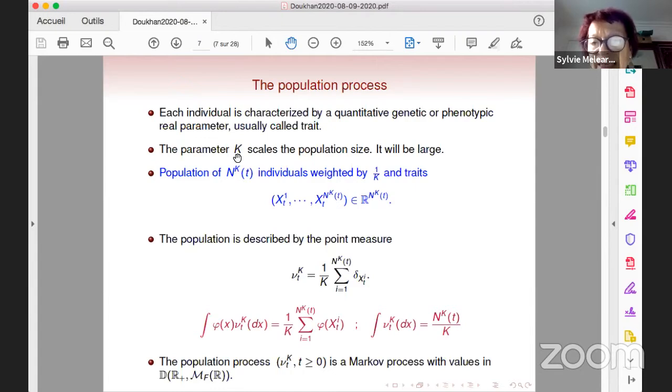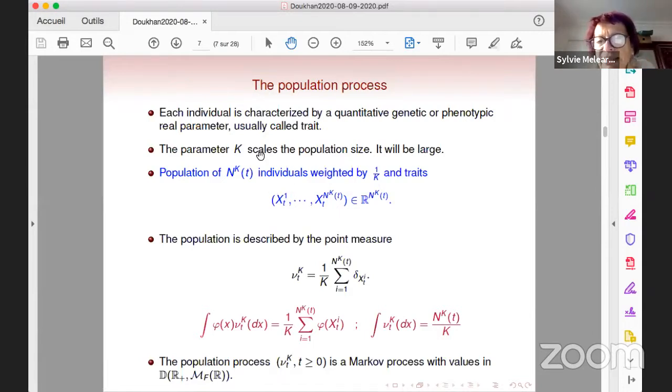As I said, I am interested in a large population framework, and so K will be large for ecologists, or will tend to infinity for mathematicians. At time t, I have a population process, with birth and death, and we have N_t individuals. My parameter will scale all the quantities, but never mind.